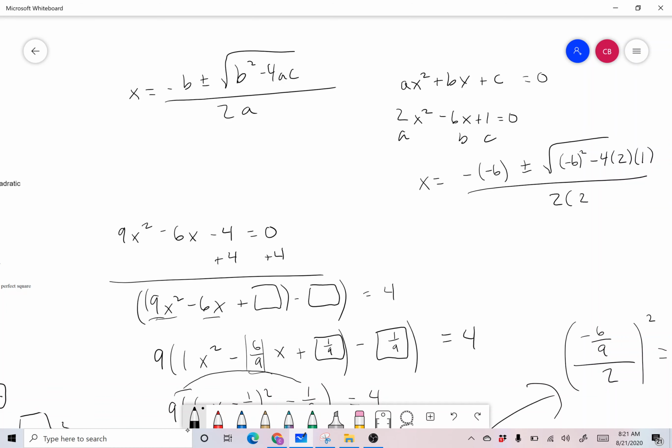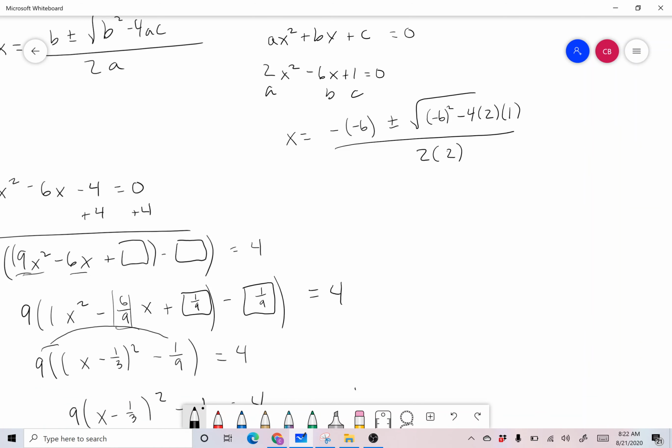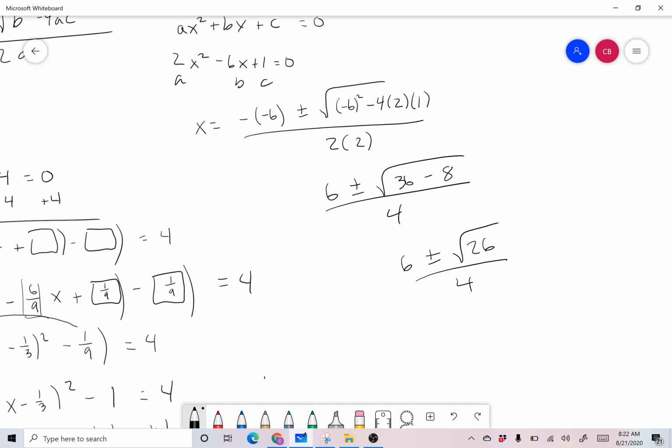Okay, so this is going to be negative 6, that's positive 6, plus or minus the square root of 36 minus 8, over 4. Okay, so this is going to be 6 plus or minus the square root of 28 over 4. 28 is 2 times 13, so it's prime.